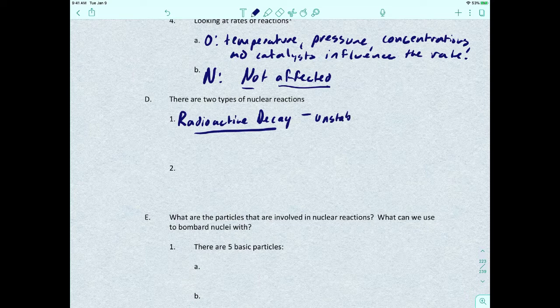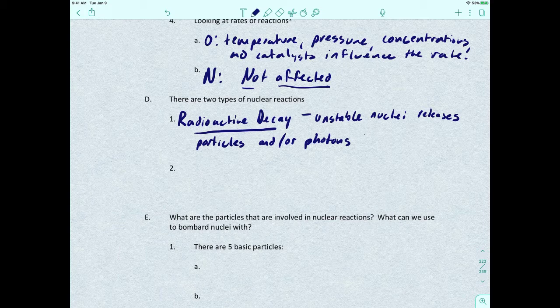So we take an unstable isotope or an unstable nucleus. It releases particles or photons or both to become stable.